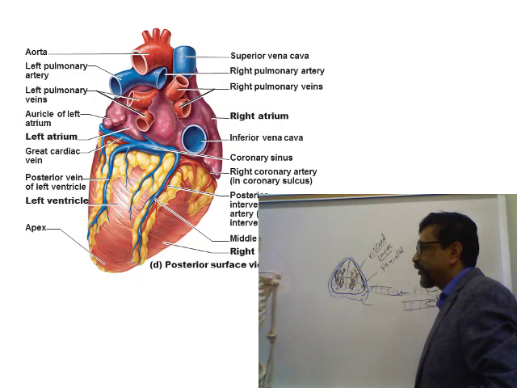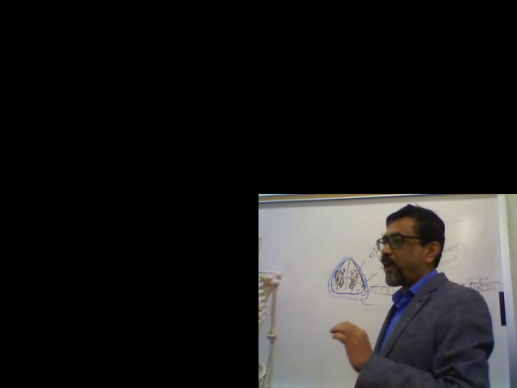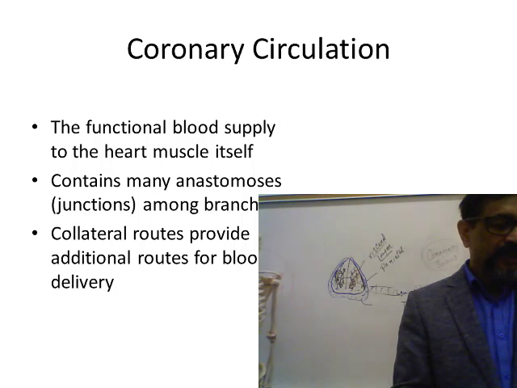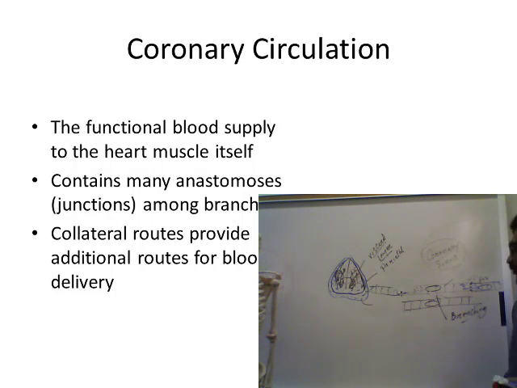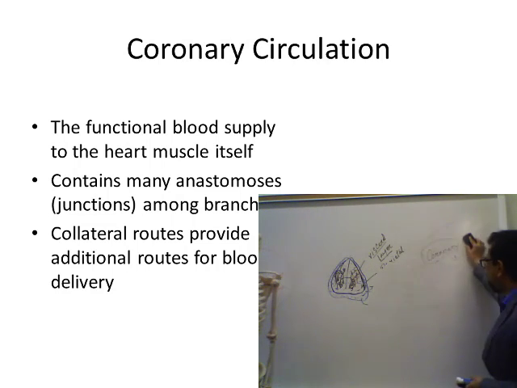The arteries in the coronary circulation give many lateral branches. These are called collaterals. That is one property. Okay, many collateral branches or many collaterals.